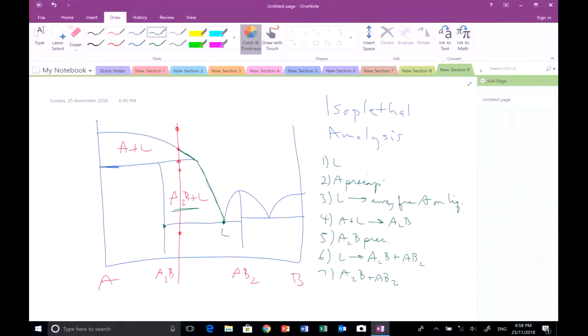But I want you to give me the invariant point reaction, because that's what happens. But physically, you have liquid in equilibrium with A2B. And so when it solidifies, I'll have to explain that. I'll do it shortly. It's not going to be entirely clear right now.